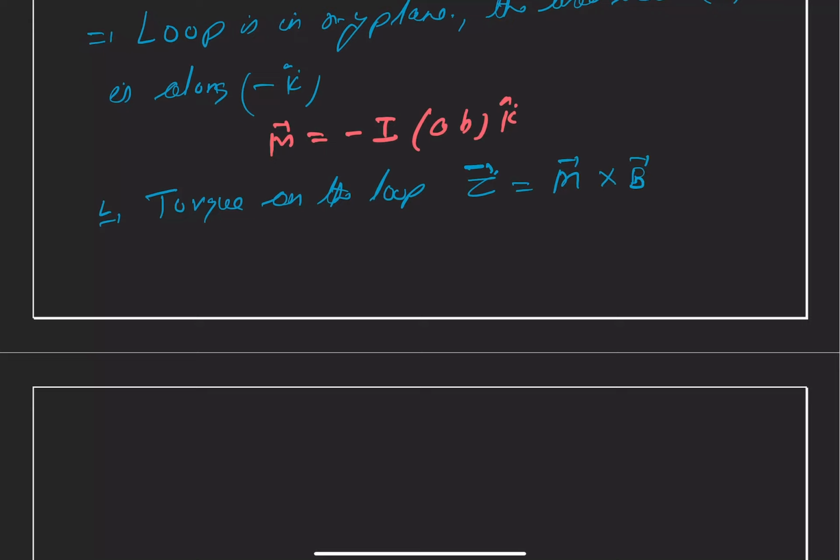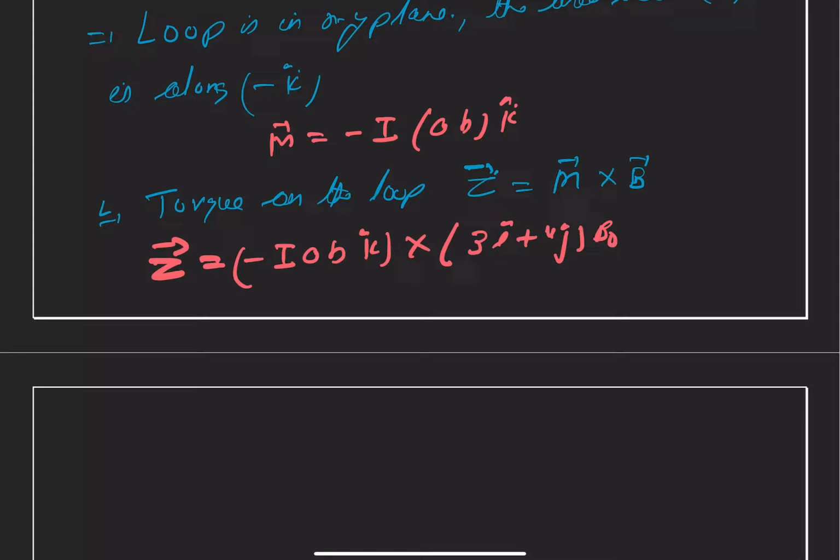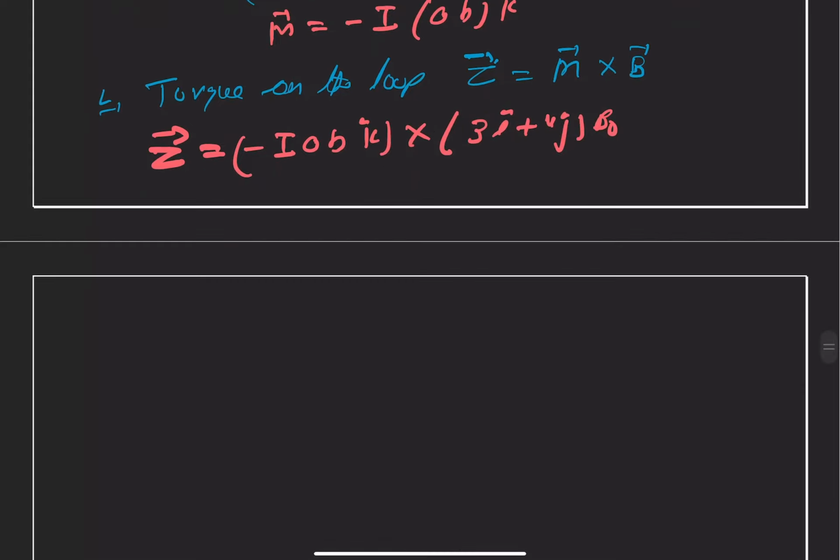So we substitute both here, and we get tau is equal to minus I AB k unit vector cross the magnetic field, which is given to us as (3I plus 4K) B naught. Now we can easily solve it.